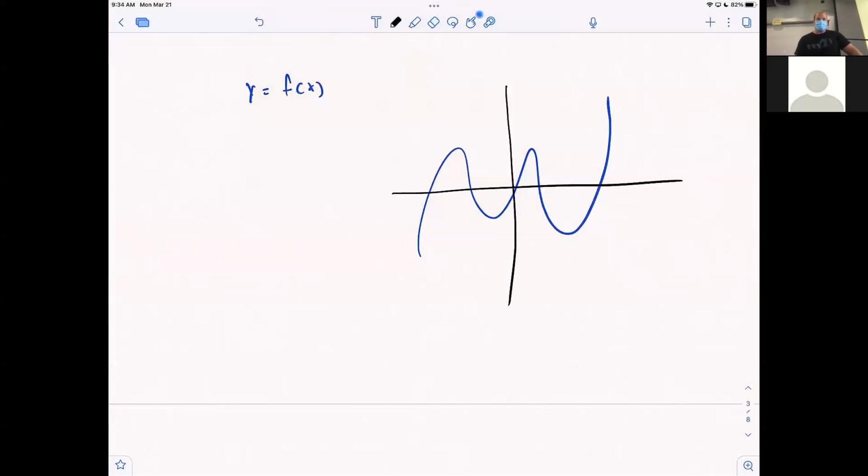Certain things you can tell just by looking at the function. So what can you tell from this? There are 1, 2, 3, 4, there are at least 5 real roots of this equation. Real meaning not complex.